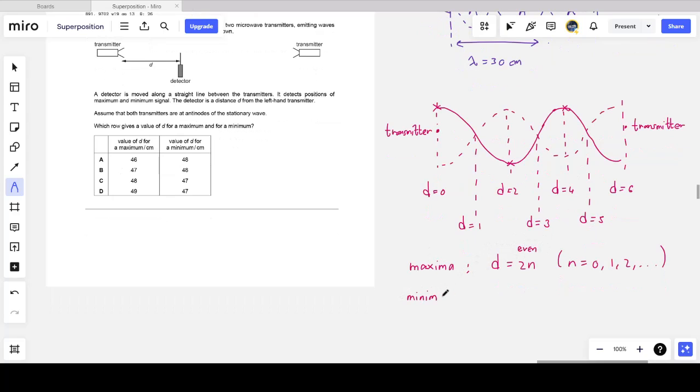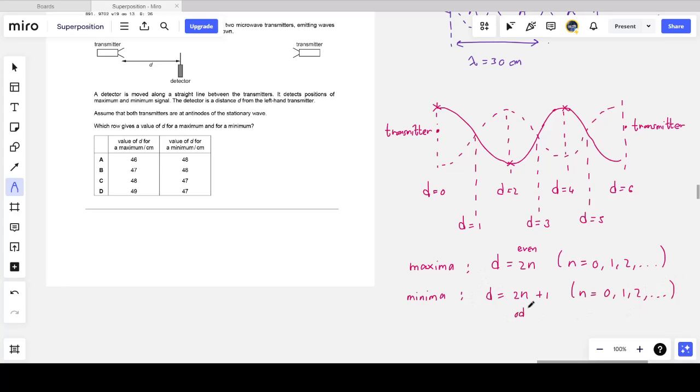And the detector picks up a minimum at a node, and all of these nodes happen when d is equal to 2n plus 1, where again n is equal to 0 or any positive integer value, 0, 1, 2, 3, etc.